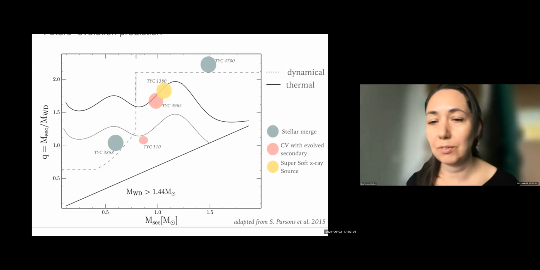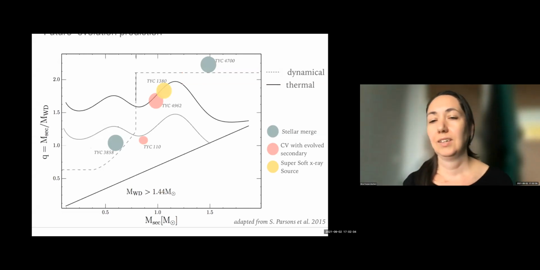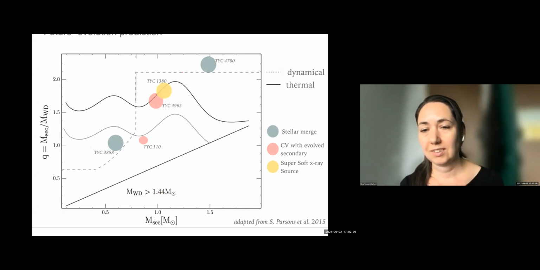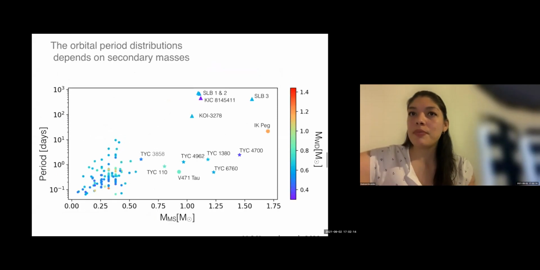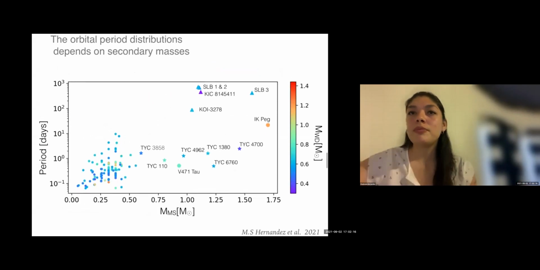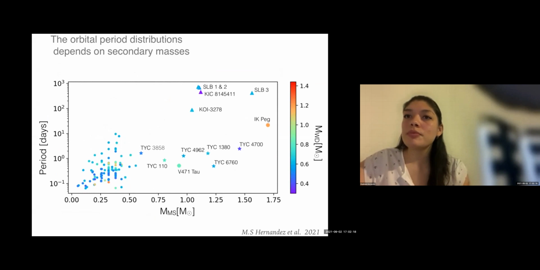Okay, Stephen had a question as well. Stefania, on one of your slides, I think the one after this, you had shown QIC 110 and V471 Tauri. You've got enough phenomenology now for these systems. How do the two of those compare? Because V471 is a really neat system in that it's an RS CVn type system.